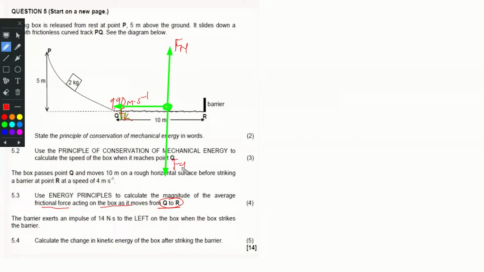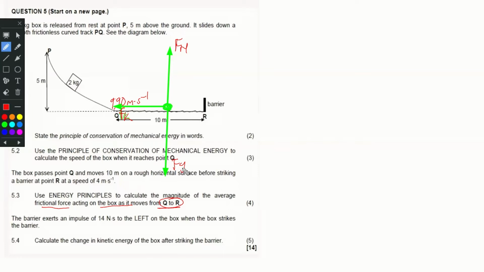If there is a force applied, they will tell you that a force is applied. I know a lot of you just assume that the force applied is there. It is possible for an object to just move of its own accord. Note that it's just sliding down. So if an object is sliding down, there's no applied force on it. No force is being applied to that object, I meant to say.